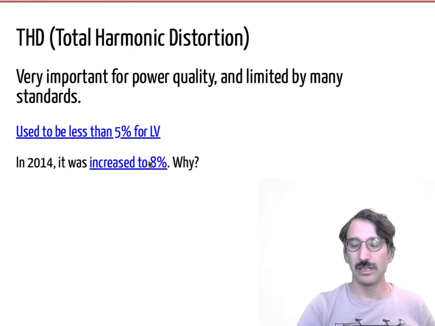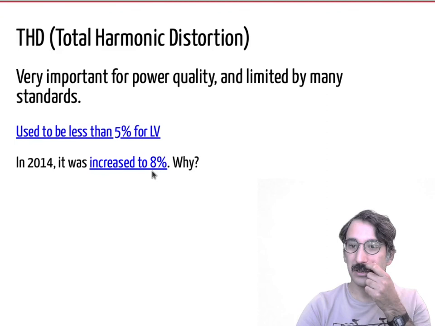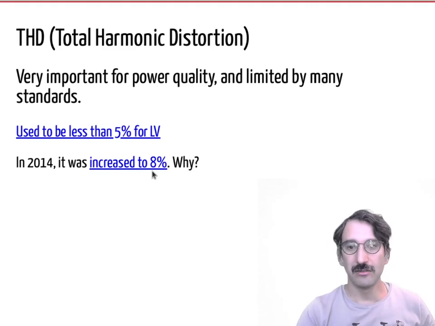You can click on the links. The main reason is that nowadays we are using many computer power supplies, phone chargers, and UPS systems. Because of their nature, they are injecting quite a lot of THD into the system, and the standard was relaxed a little bit for that transition.